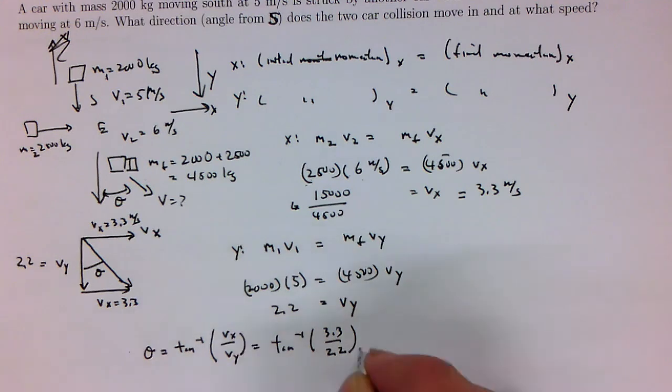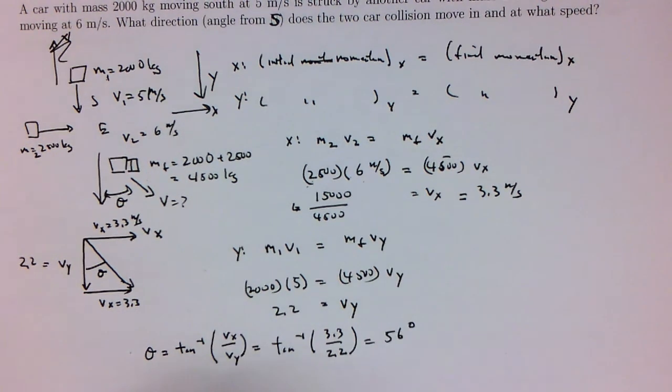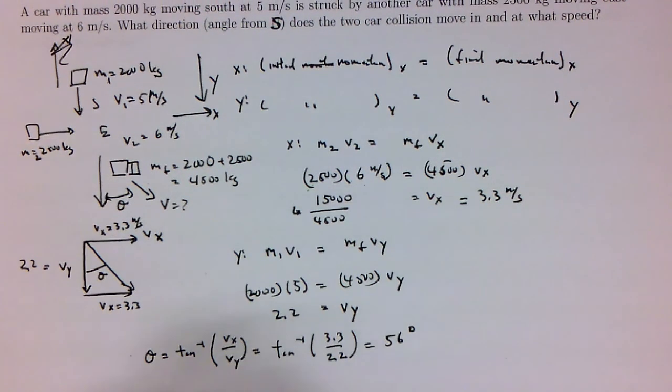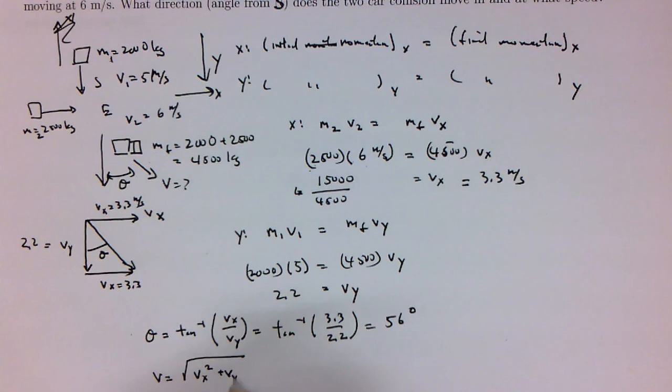And if you actually plug this into your calculator, what you'll find is this is equal to 56 degrees. If you want to get the magnitude of these two, then in this case v, which is the speed, is going to be equal to the square root of Vx squared plus Vy squared. I'll leave it up to you to figure out what this answer is.